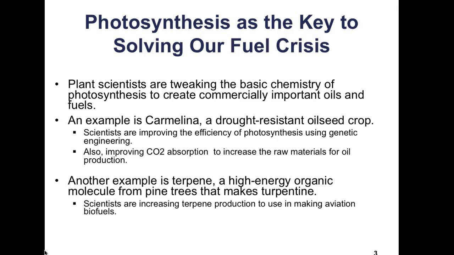And by using genetic engineering, scientists are improving the efficiency of photosynthesis and improving the CO2 absorption rate to increase the raw material for oil production. Another example is terpene, a high-energy organic molecule from pine trees that is used to make turpentine.